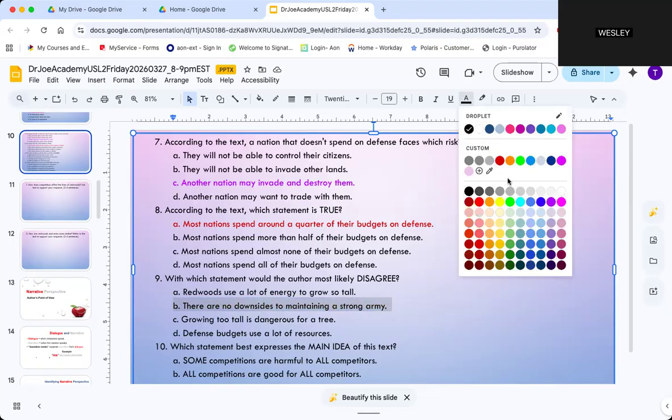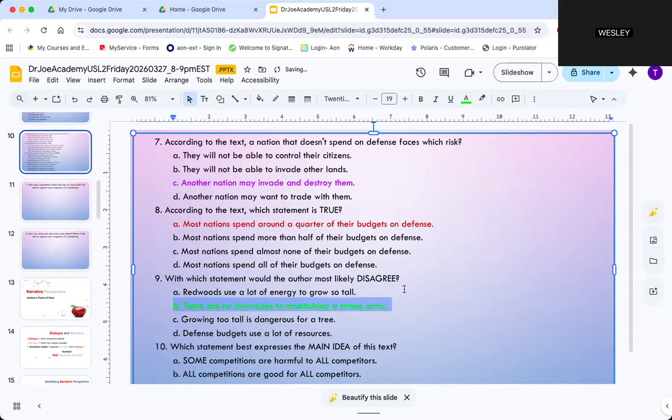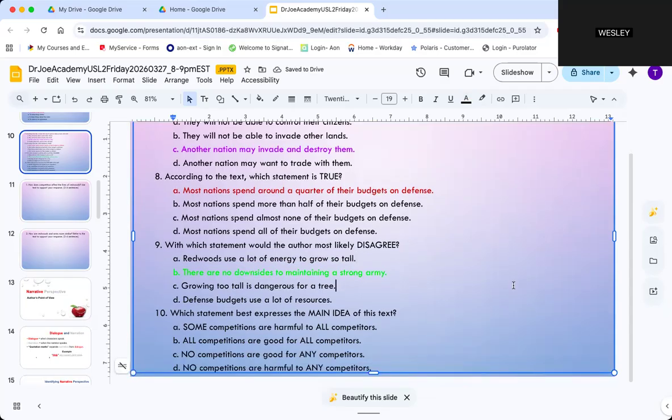And number 10, which statement best describes the main idea? A. Some competitions are harmful to all competitors. B. All competitions are good for all competitors.